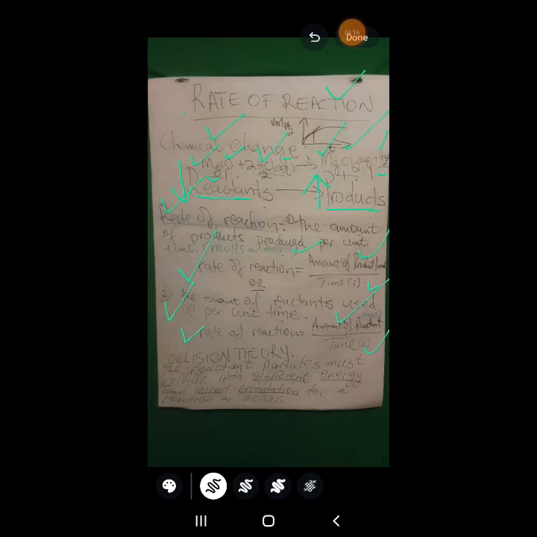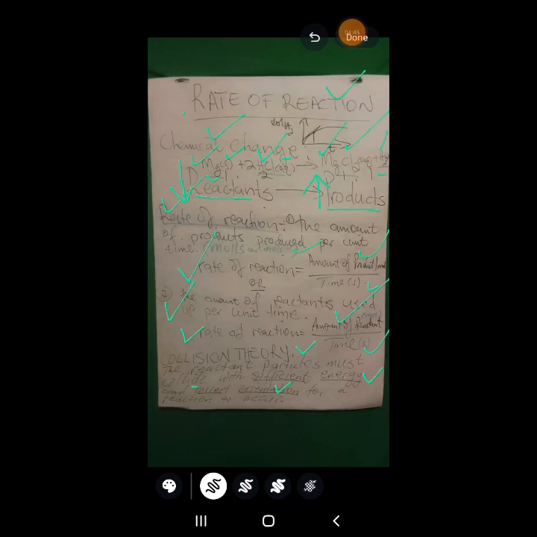Now, these reactant particles, how do they react? They react according to the collision theory. What does the collision theory say? It says the reactant particles must collide with sufficient energy and correct orientation for a reaction to occur. So this chemical change that we are talking about does not just occur anyhow.